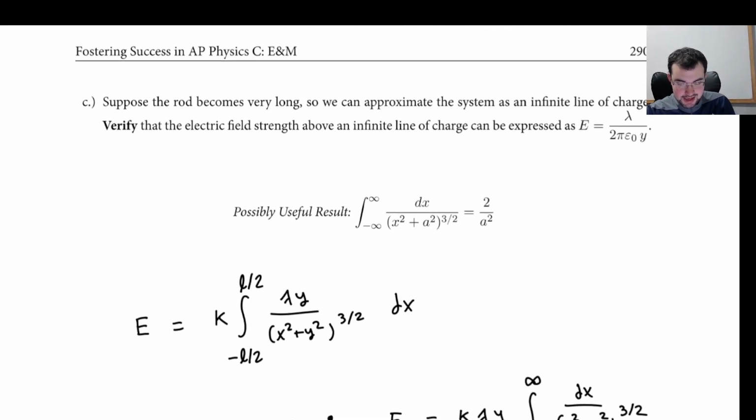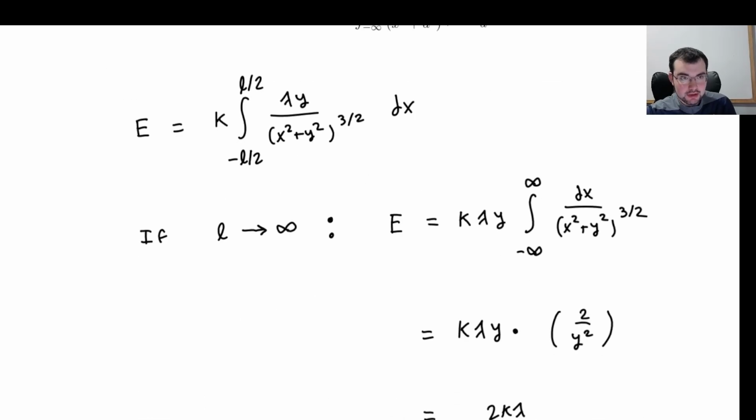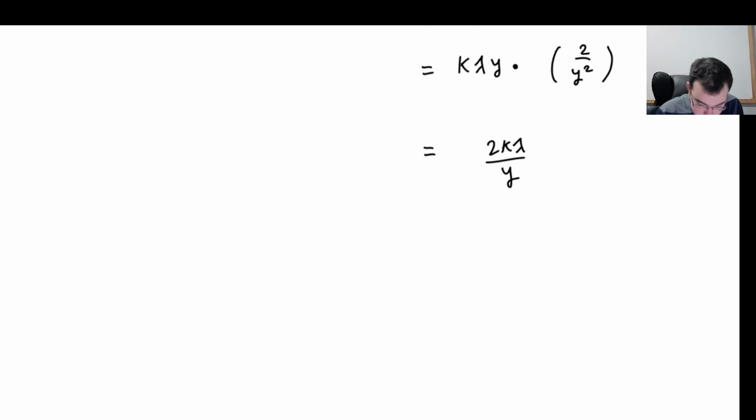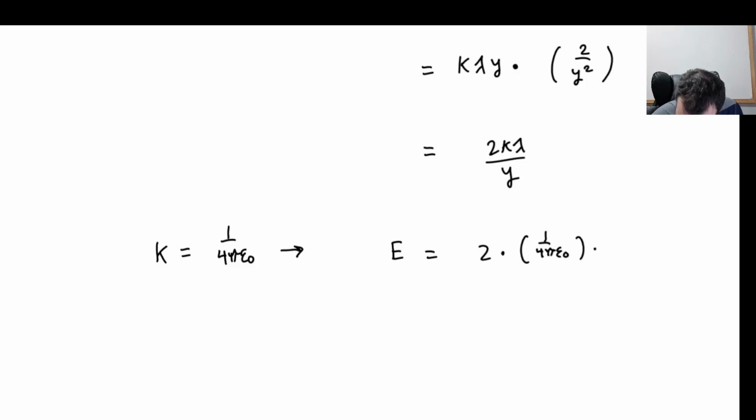But we actually wanted to show this in terms of epsilon naught, which is usually the case for E fields. So using the fact that k is defined as 1 over 4 pi epsilon naught, we can show that our E field is equal to 2 times 1 over 4 pi epsilon naught times lambda divided by y.